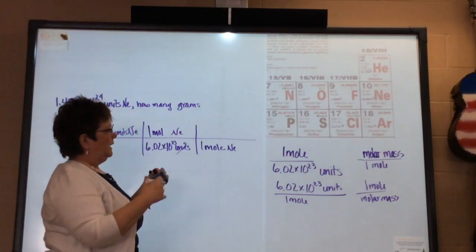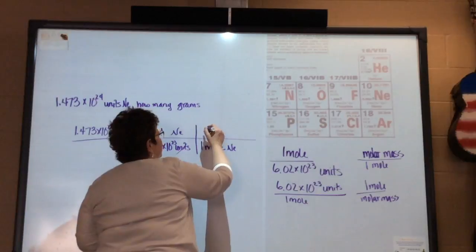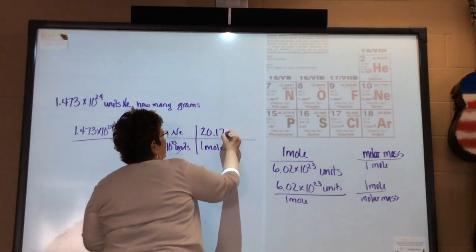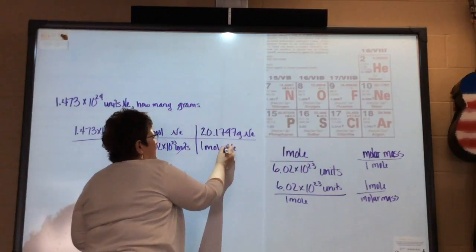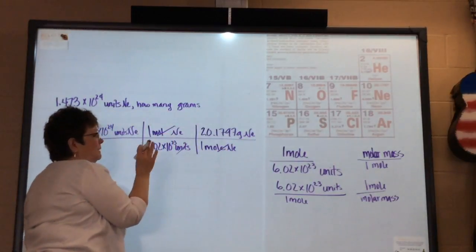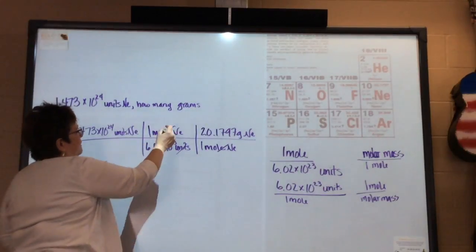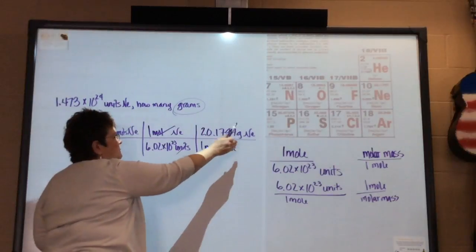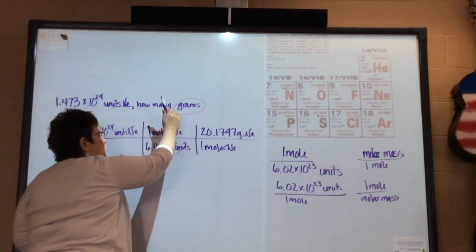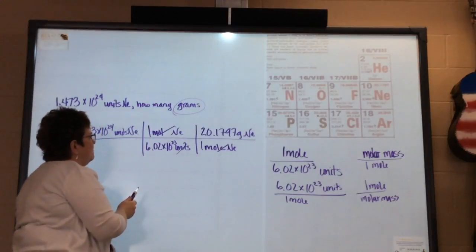And you're going to go, I can look on my periodic table and I can find out it is 20.1797 grams of neon. My moles of neon now cancel, my labels do, and you can see that I am left with grams of neon. Is that what I want to find? Yes, it is. That's my goal. Whatever I end up with in the top numerator should answer the question in the original problem.